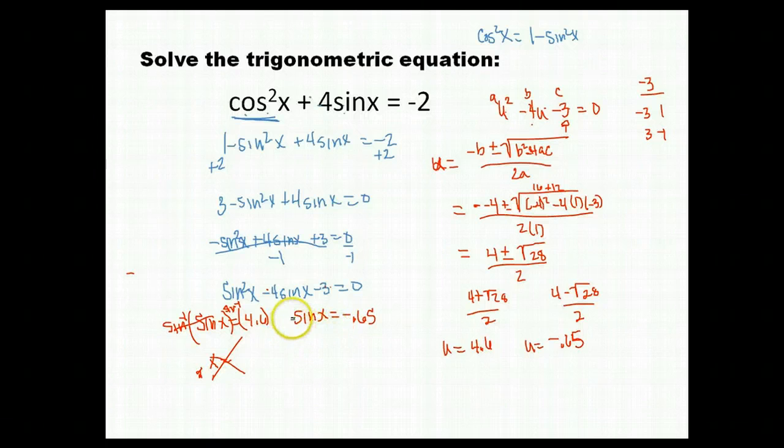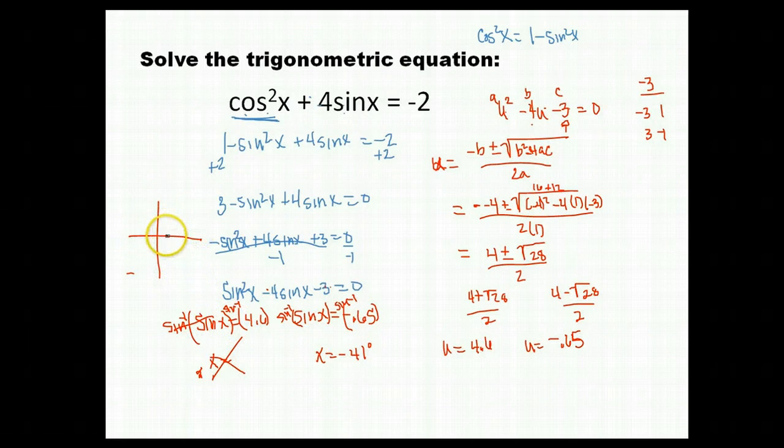But here, if I do the inverse sine of both sides to try and find that angle, I get about negative 40.5. I'm just going to round to the nearest degree. So about negative 41 degrees. That is the one answer your calculator will give you.